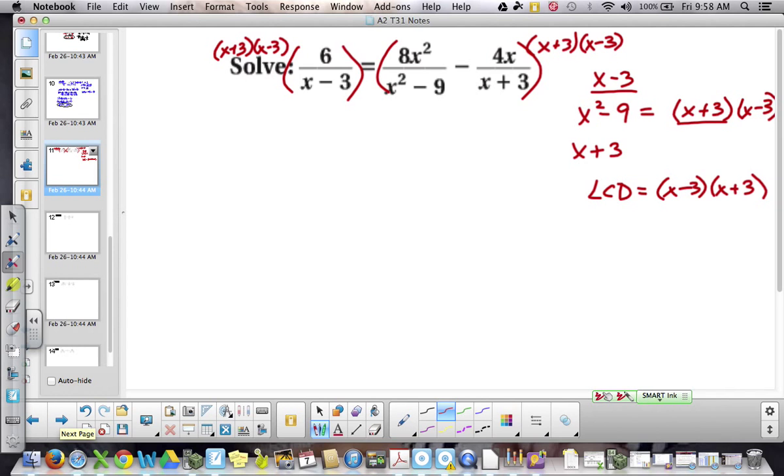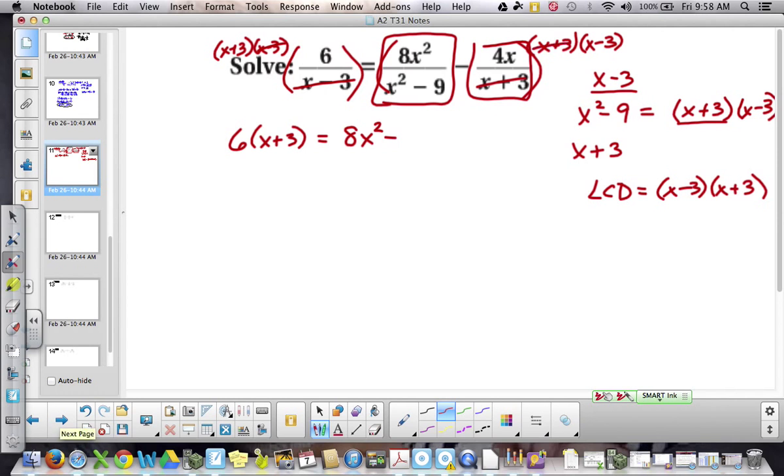When we multiply the left side, the x minus 3s cancel each other out, and you're left with 6 times x plus 3. When I multiply this by my common denominator, that's equal to that denominator, so all we have left is the numerator, 8x squared. And then minus, and when I multiply the 4x over x plus 3, those x plus 3s cancel out, and I'm left with 4x times x minus 3, which is 4x squared minus 12x.